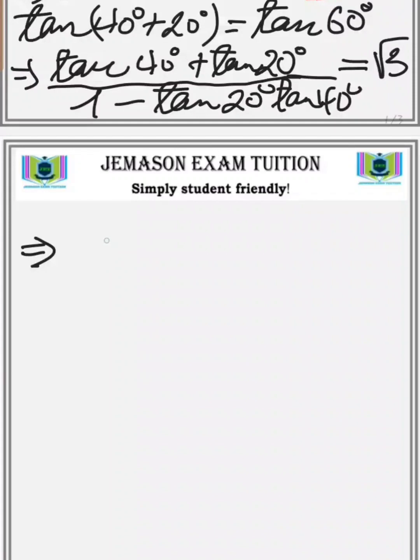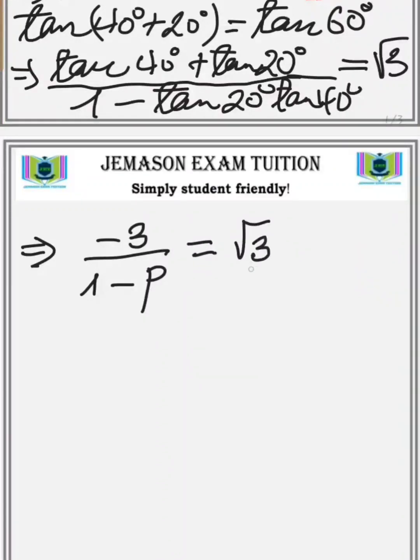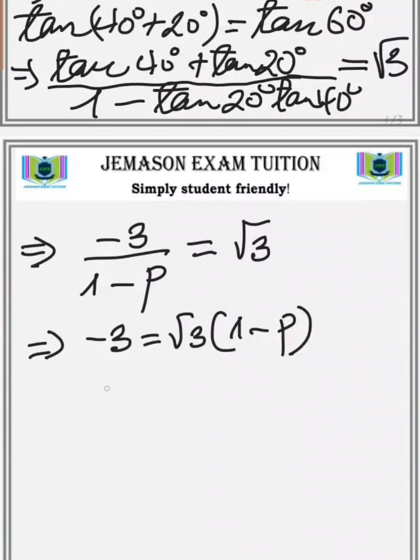So we can proceed then to replace them. The numerator becomes negative 3 all over 1 minus p, since tan 20 degrees tan 40 degrees is p from equation 2. So that should be equal to root 3. And from here we have that negative 3 equals root 3 into 1 minus p.